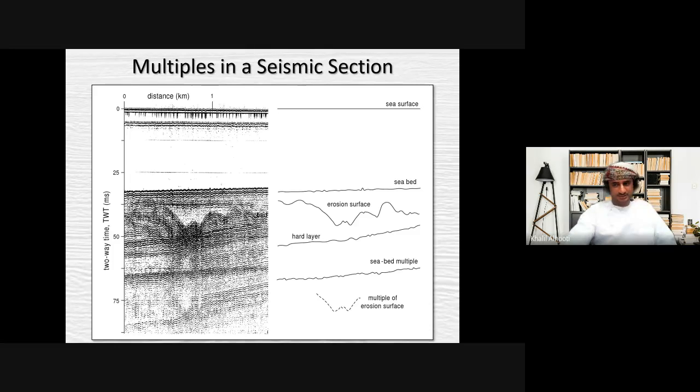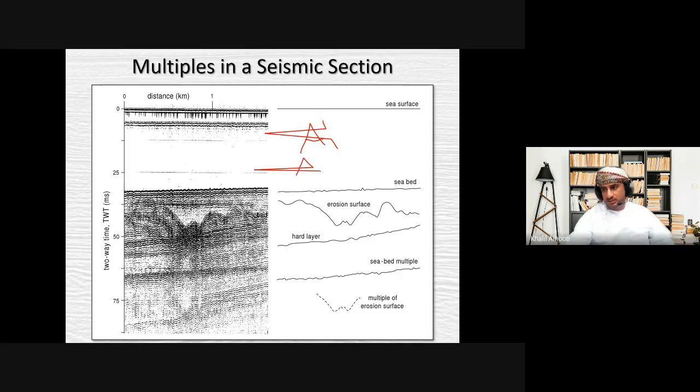Sea floor is good and it can be a candidate for generating multiples. It's a strong reflector. Why do I say it's strong? Because of the acoustic impedance contrast, not velocity. In reflection, I'm interested in both density and velocity, and acoustic impedance is the multiplication of velocity with density.